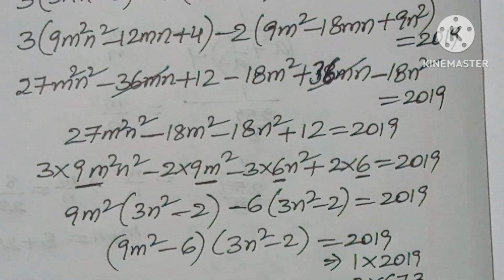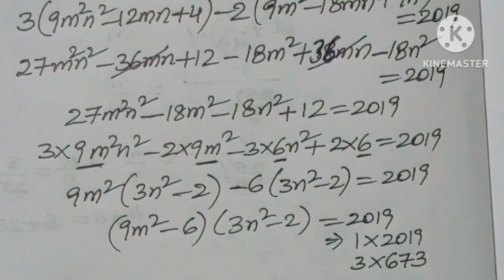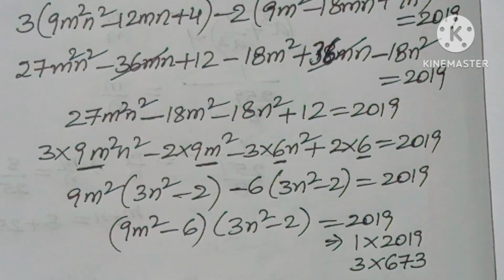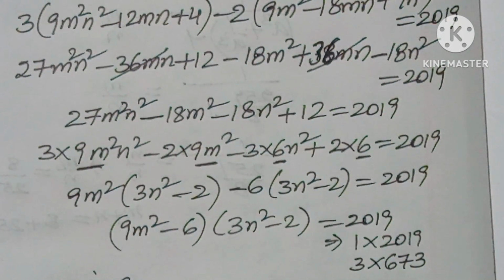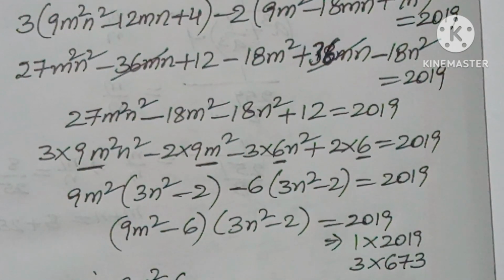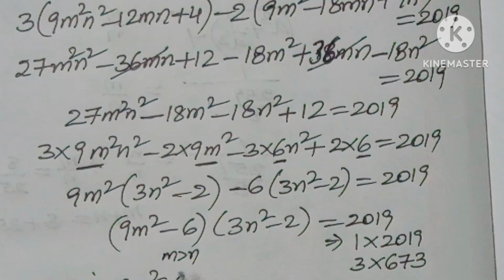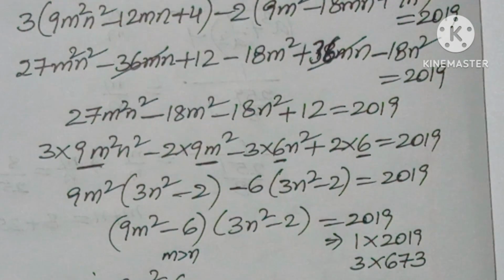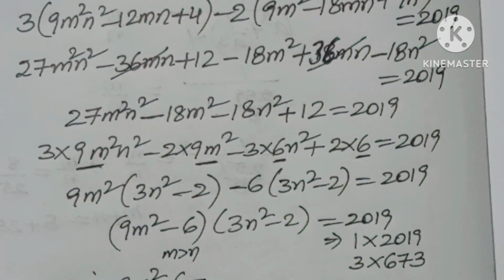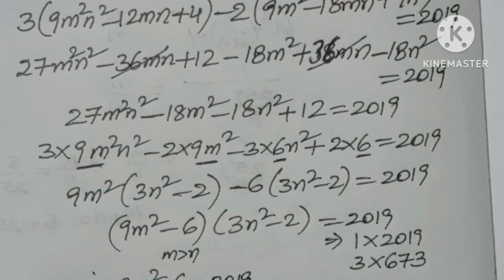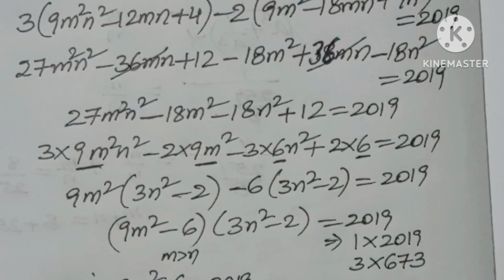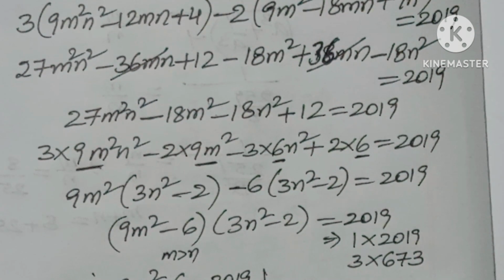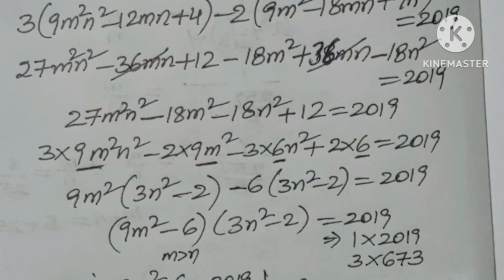So here first case: 9m squared minus 6, m is greater than n, so 9m squared minus 6 we are taking as 2019, and 3n squared minus 2 we are taking as 1.